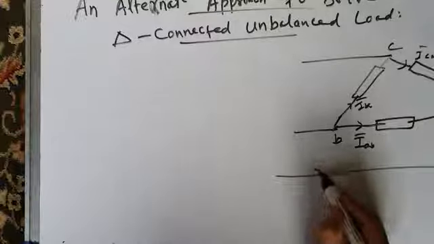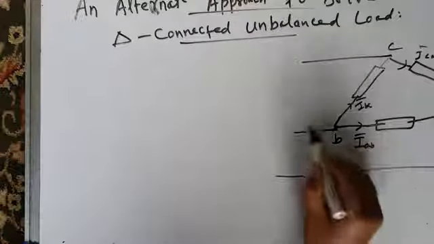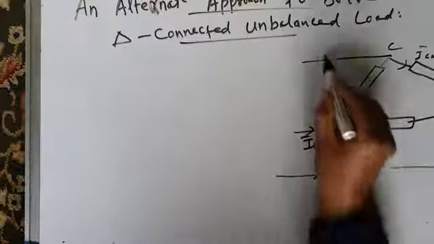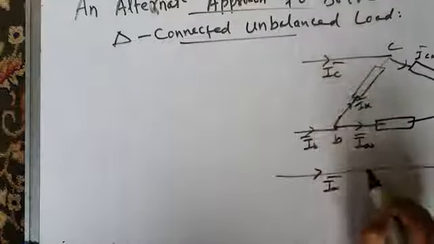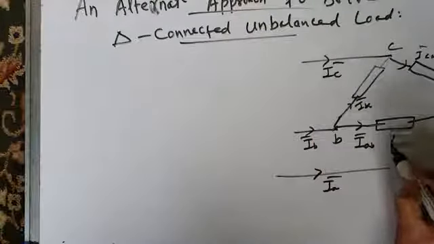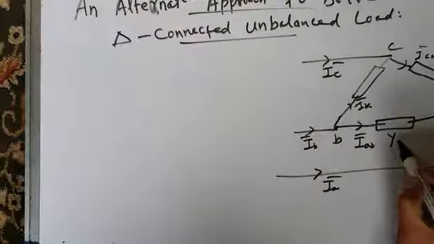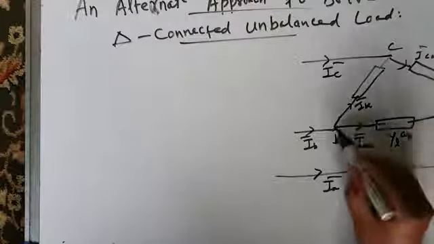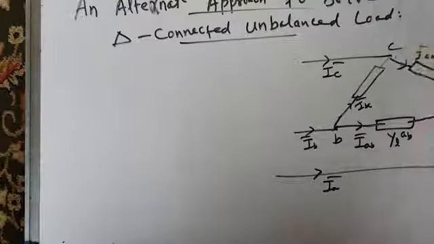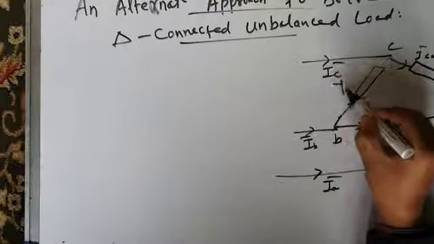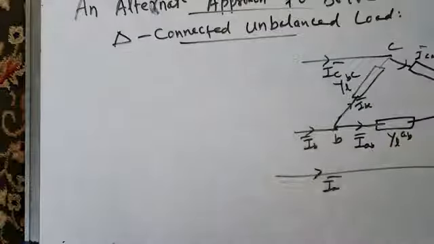And these are the three line currents: this is line current IA, this is line current IB, and this is line current IC. This is the admittance YLAB between A and B. The admittance in the phase between A and C is YLCA, and this admittance is YLBC.